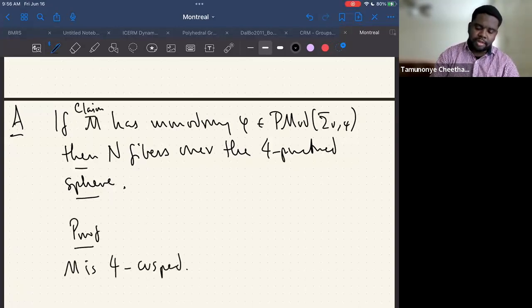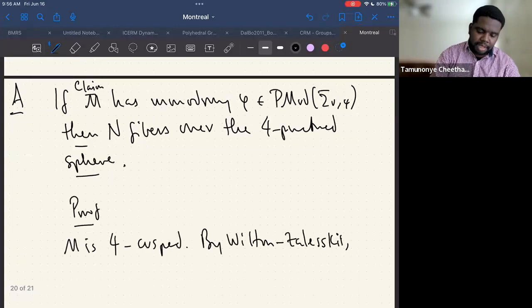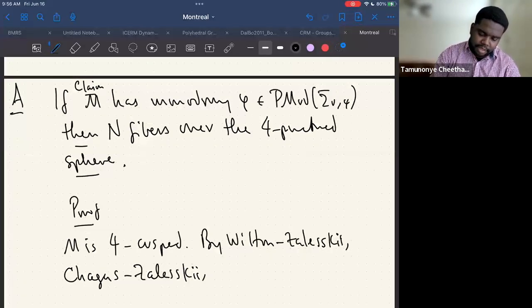And then by Wilton-Zalesskii, or more specifically by Chagas-Zalesskii, N has to be 4 cusp as well.